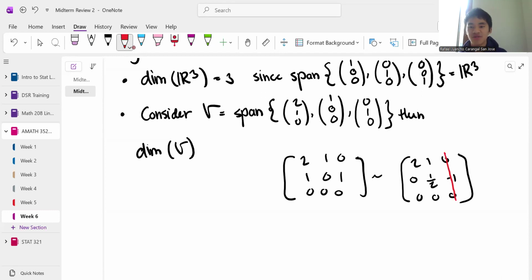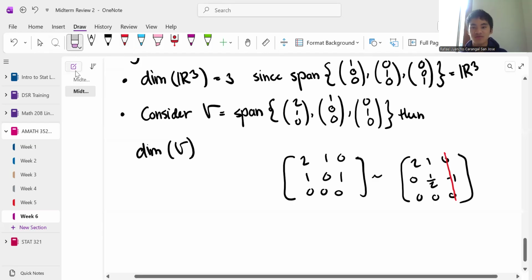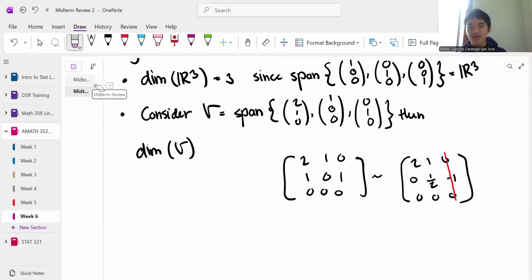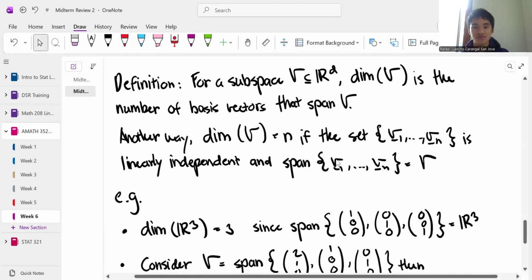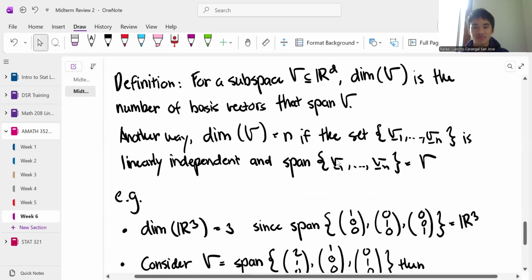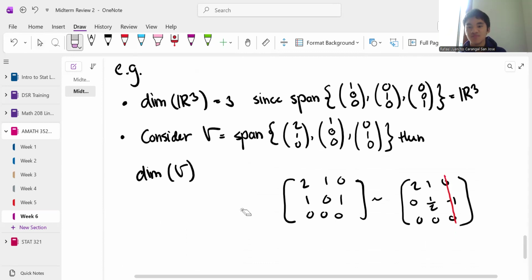Because there's a pivot in every column and there's a pivot in every row. So they actually span R2. So they span that subspace R2, and they are linearly independent. So the number of basis vectors is 2. We have two vectors that are linearly independent. They span R2. So the dimension is 2.